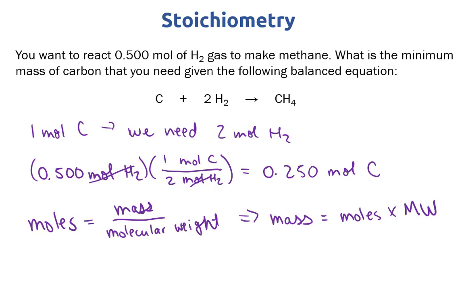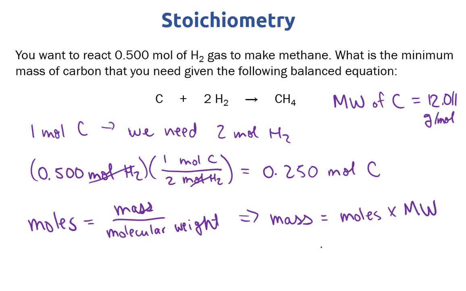We're just looking at carbon here. We're looking for the mass of carbon from the moles of carbon and the molecular weight of carbon. We don't have the molecular weight of carbon offhand, but remember, we just get that from the periodic table. So the molecular weight of carbon is 12.011 grams per mole, from the periodic table on the element symbol for carbon.